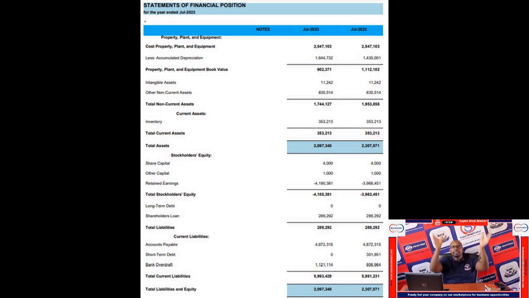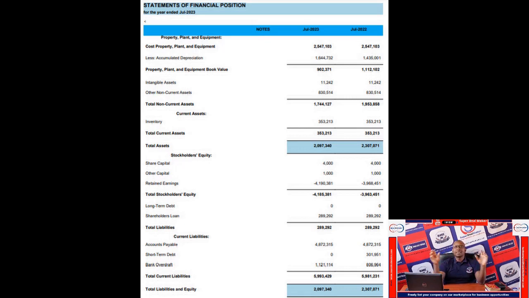As we showed you in the demonstration of the balance sheet, on top you have your assets, and at the bottom you have your liabilities and your owner's equity. So if you add together your owner's equity and your liabilities, they must always be equal to your assets.